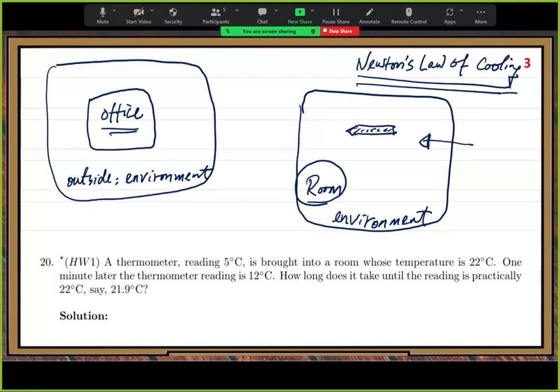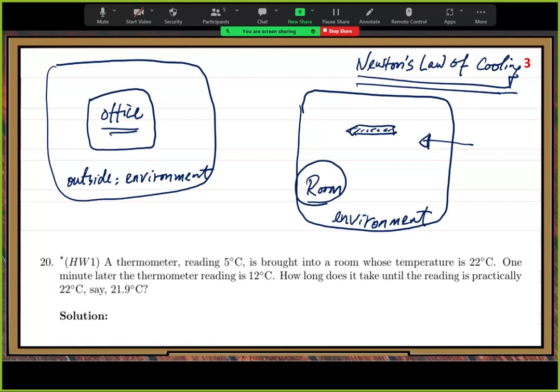From the context of the question, the room temperature brings the thermometer temperature up, right? The thermometer temperature does not bring the room temperature down, because the room temperature basically has no change. So what is the environment? Yes, the room is the environment. The previous one, the office, is not an environment, because compared with the outside world, the office is very little.